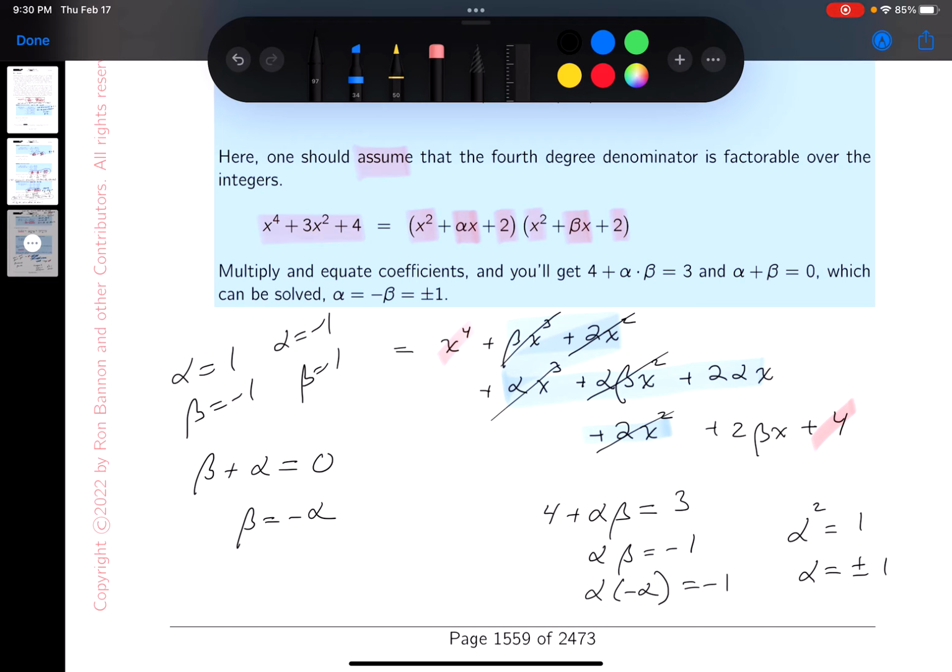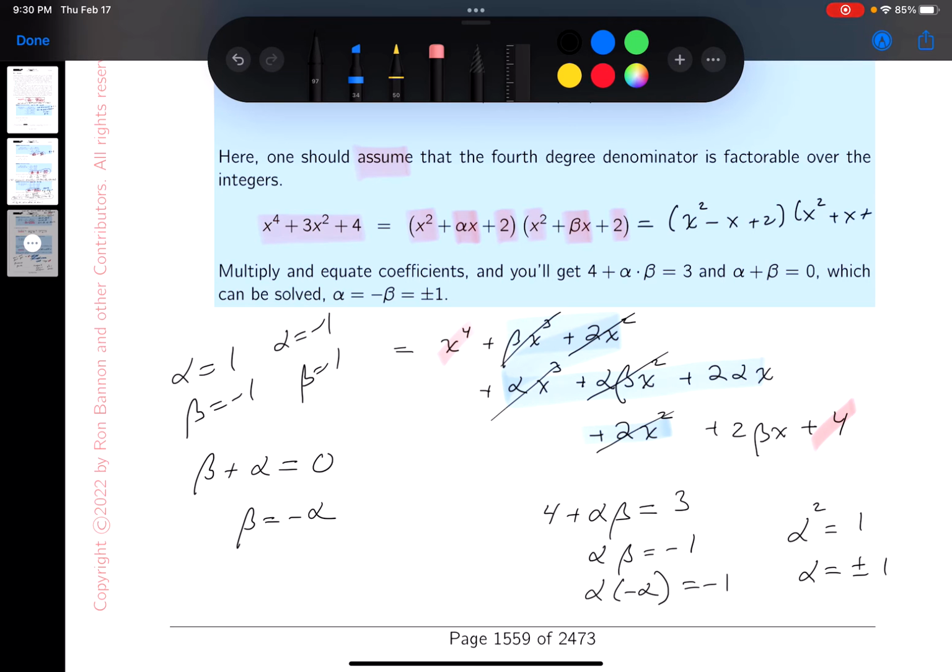Look at the symmetry. Whether I use alpha to be 1 or minus 1 really doesn't matter. But I got the thing factored now. What's going to be x squared? Let's see, I'm going to say minus x plus 2. And then I'm going to say x squared. Let's see, beta I will call 1 then, right?